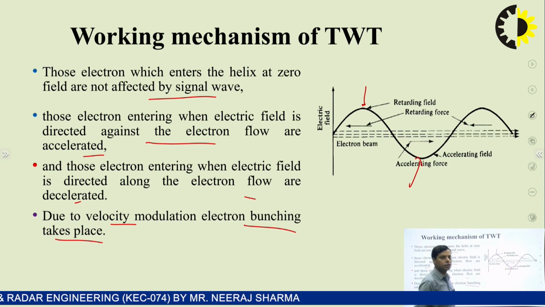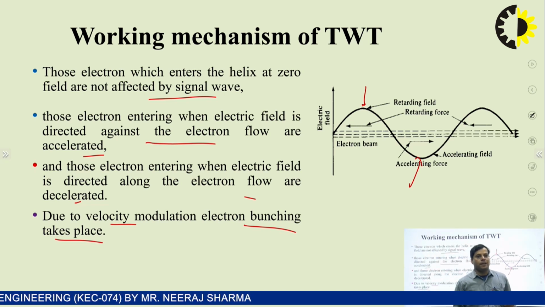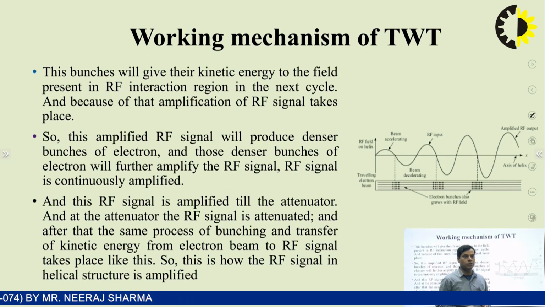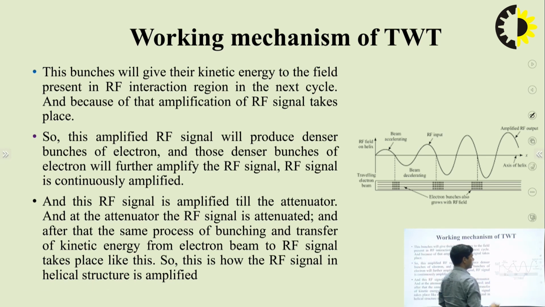This electron bunching is responsible for amplification. In this structure, this figure will also explain the same thing that I have discussed. These bunches will give their kinetic energy to the electric field present in the RF interaction region in the next cycle, and amplification of RF will take place.